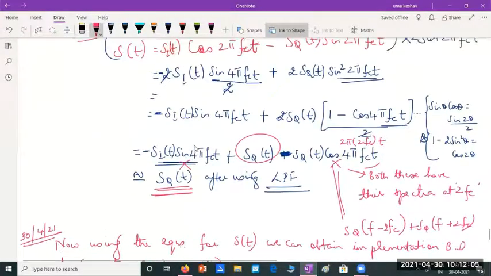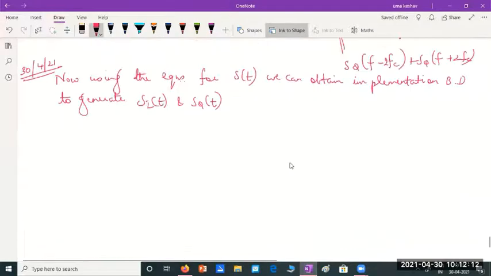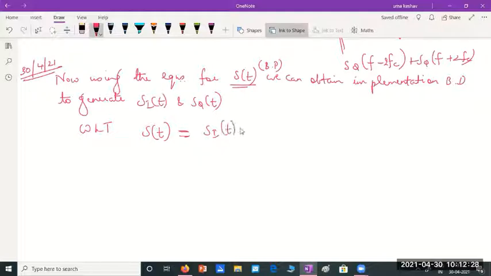Where is that expression for S of t? This is the canonical expression. What does S of t say in terms of Si and Sq? We know that S of t is a bandpass signal. Please remember, S of t is a bandpass signal. It can be represented in canonical form as Si of t cos 2 pi fct minus Sq of t sin 2 pi fct.